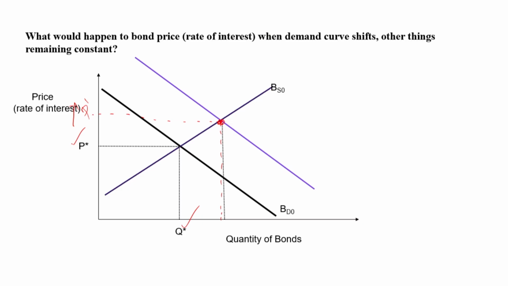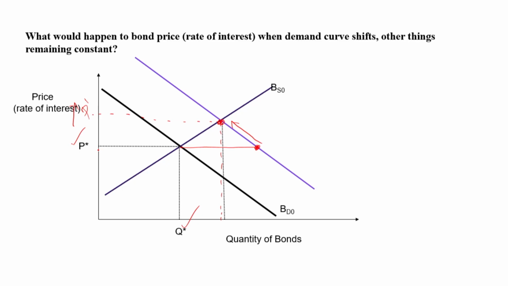When households, banks, and lenders are demanding more bonds, the demand curve shifts rightwards. But since they are demanding more, there will be an upward pressure on price. That means the lenders are willing to accept a lower rate of interest. The firms don't want to borrow any more; assume there are no changes on the supply side.